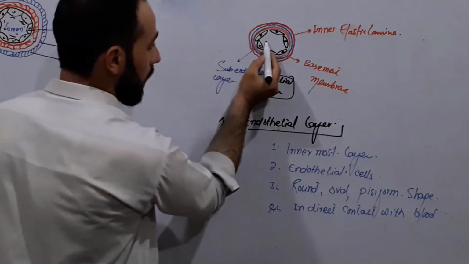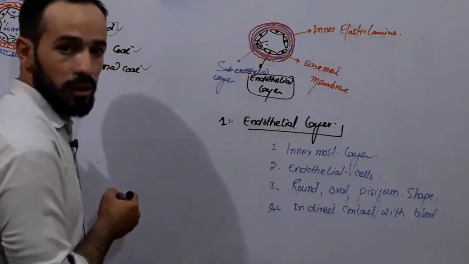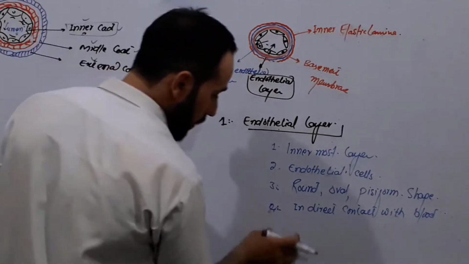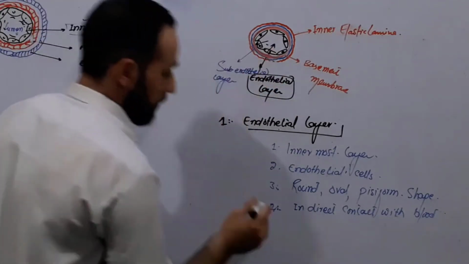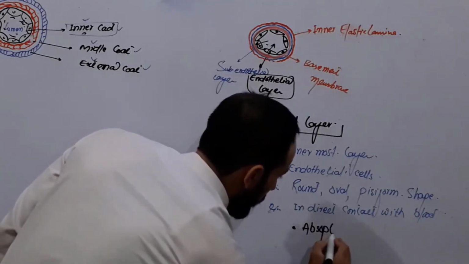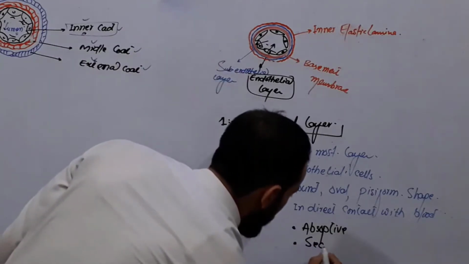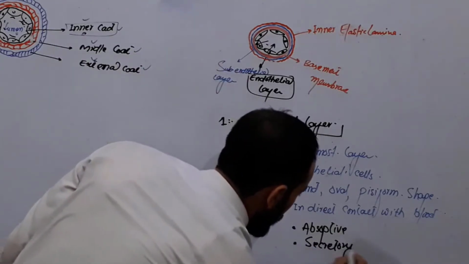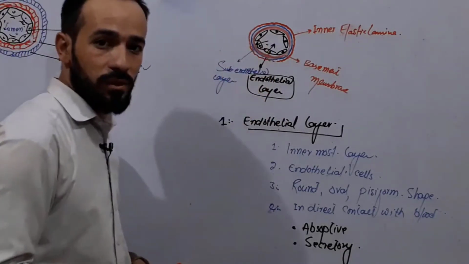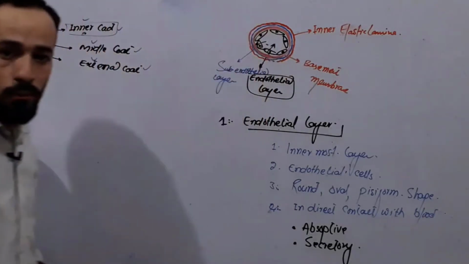There can be two-way transport from the lumen into the endothelial cells and from endothelial cells into the lumen. So we can write here that these cells are doing absorptive function and sometimes secretory function also, secretion of different substances into the lumen of this blood vessel.